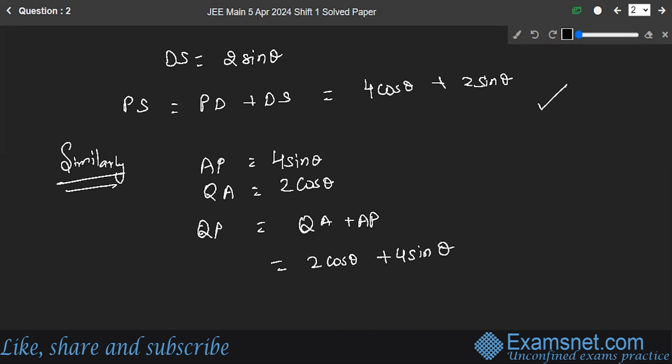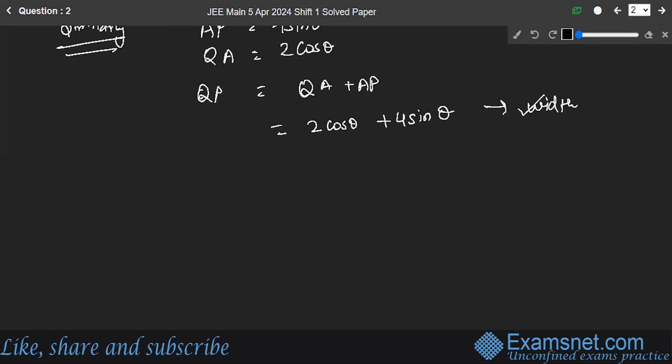So I got the length and the breadth. This is the width of the rectangle PQRS, and this is the length of the rectangle PQRS. So area will be given by length into width, that is your PS into QP.